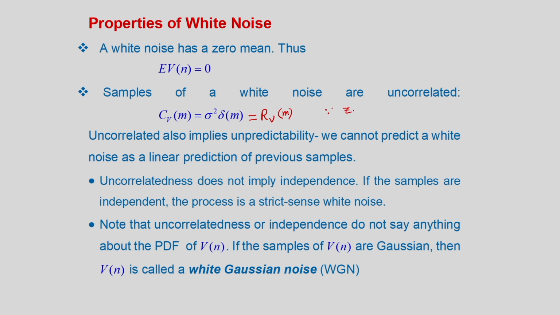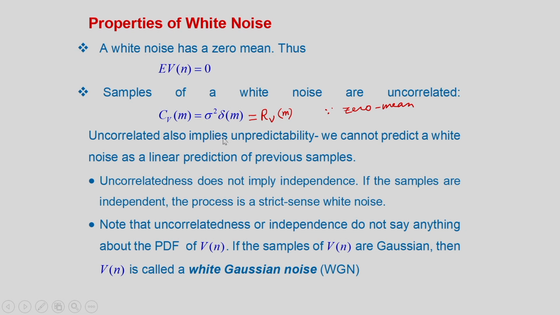Therefore, a white noise Vn is a sequence of uncorrelated random variables. That is very important. CVM is equal to sigma square delta m, which is 0 for m not equal to 0, and therefore samples of a white noise are uncorrelated.